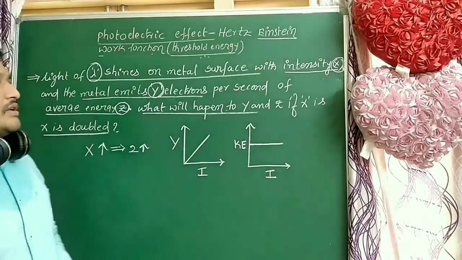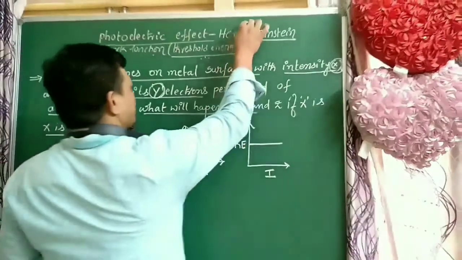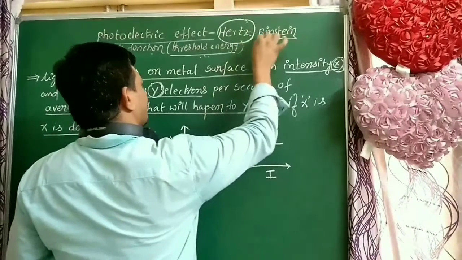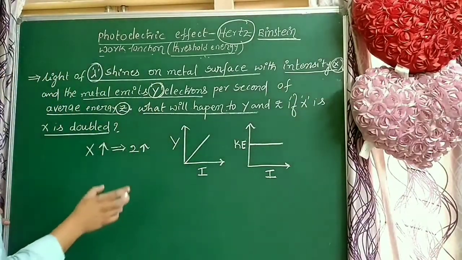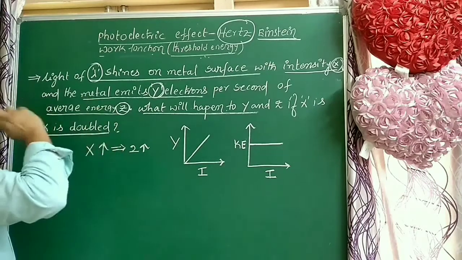So this is the photoelectric effect. The photoelectric effect was first explained by Hertz and developed by Einstein. So based on the photoelectric effect, radiation has particle nature.